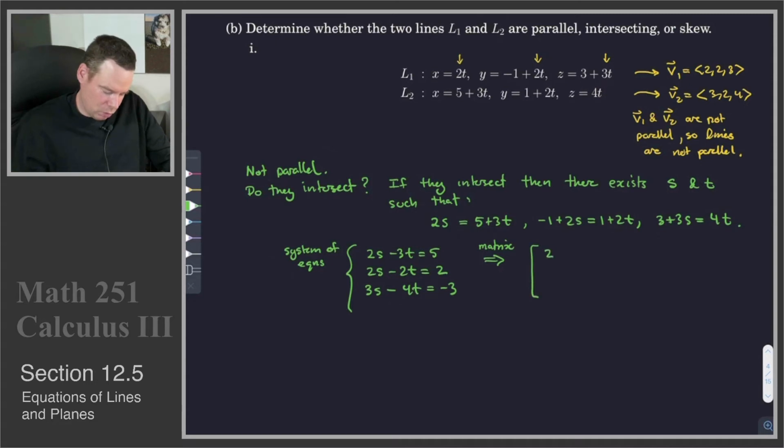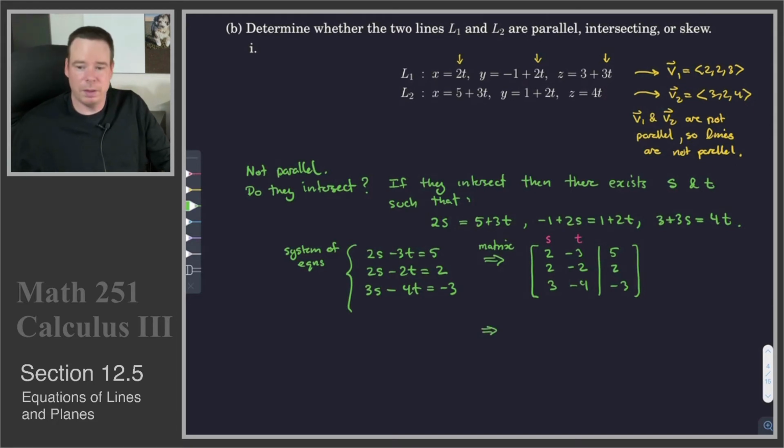And so that would be 2, negative 3, 2, negative 2, 3, negative 4, against 5, 2, and negative 3. The first column represents s, the second column represents the coefficients of t.